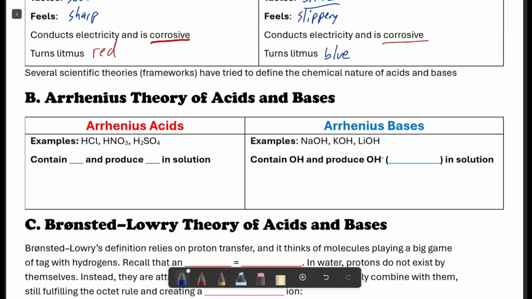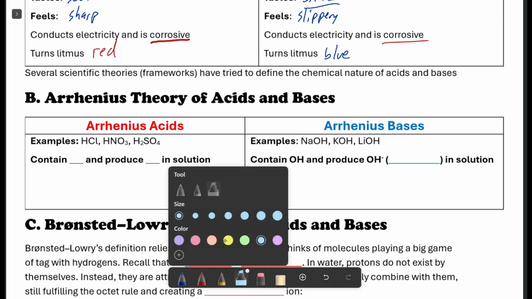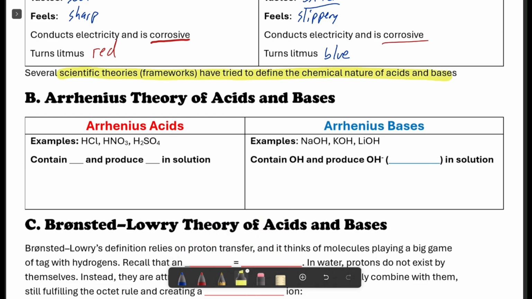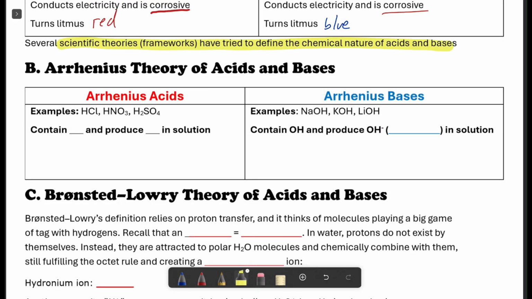All right. We're going to look at several different scientific theories that have tried to define the chemical nature of acids and bases. We've known about acids and bases since the ancient Greeks, but we've tried to define them, and sometimes certain definitions work, and other times they don't work so well. So I'm going to teach you 2 definitions that will generally apply in this classroom.